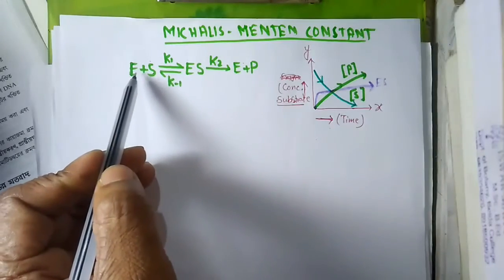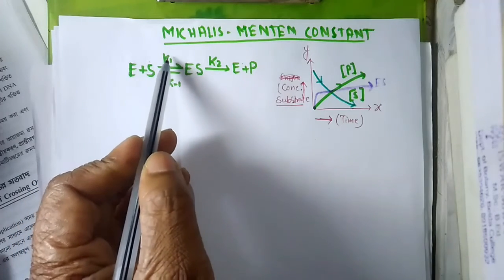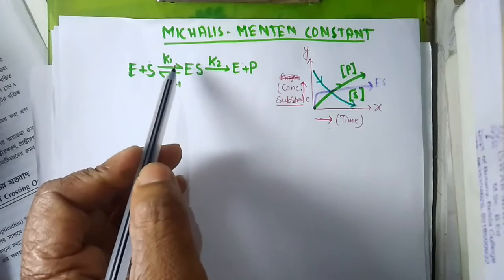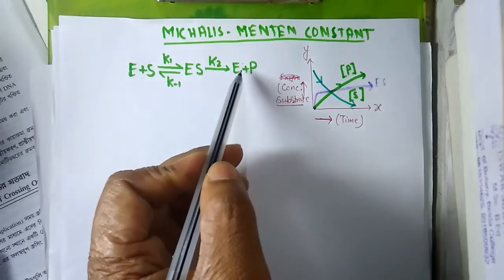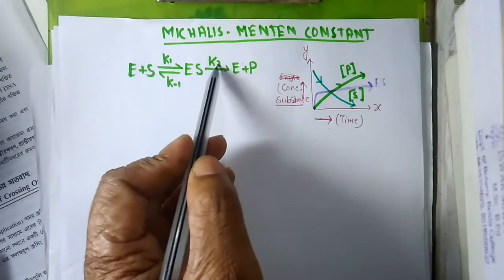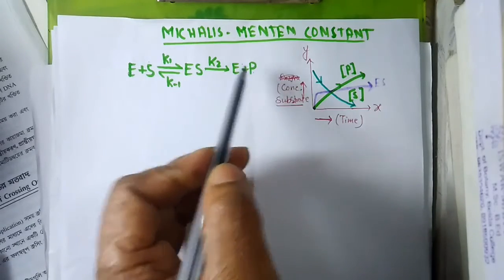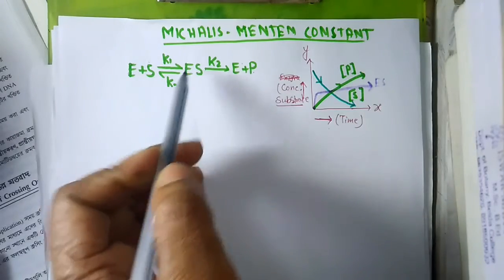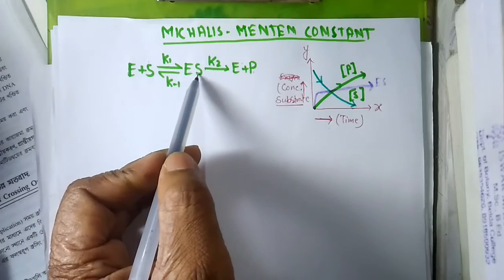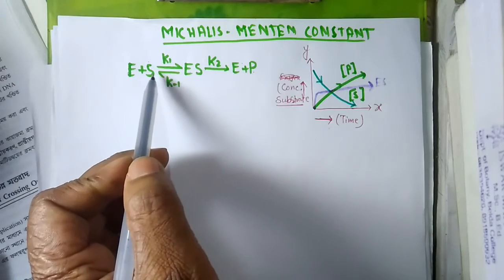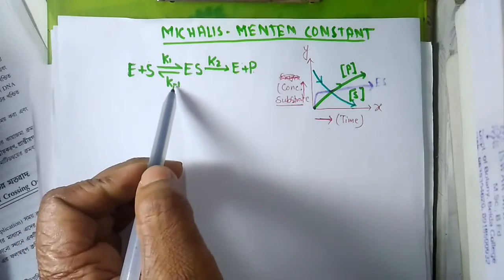So here, enzyme plus substrate produces the enzyme-substrate complex, and K1 is the constant here. The enzyme-substrate complex then goes to enzyme plus product, and K2 is the constant for the production of enzyme plus product. In the reverse direction, the breakdown of the enzyme-substrate complex into enzyme plus substrate backwardly has the constant K minus 1.